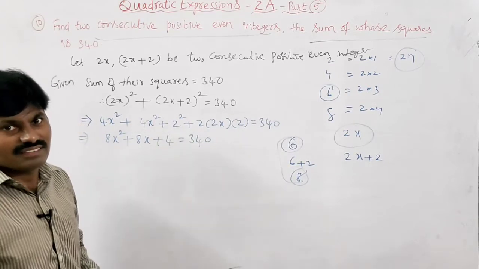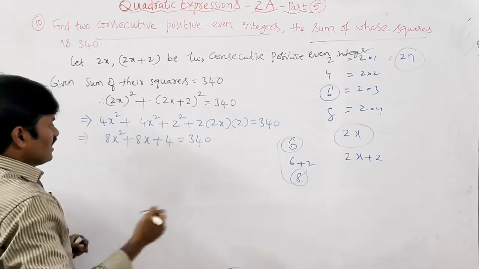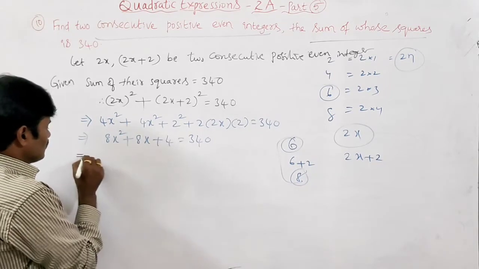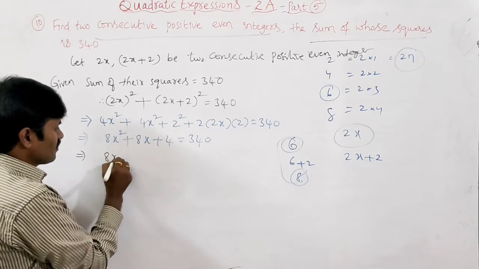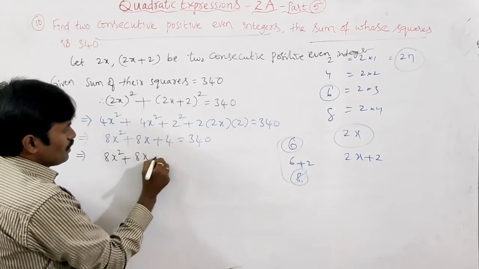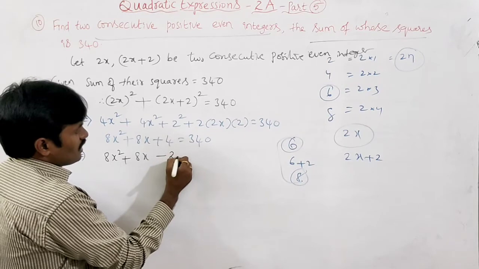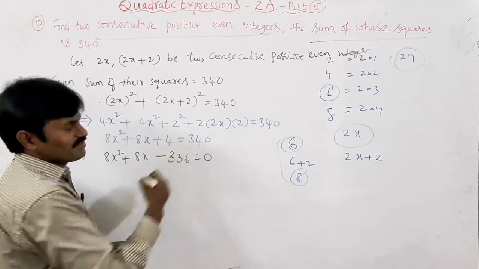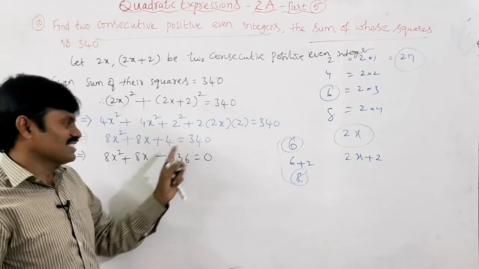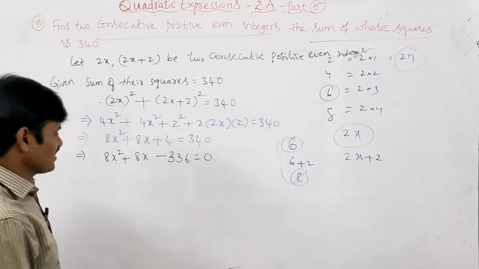Now send the constant term to the right-hand side: 8x square plus 8x plus 4 minus 340 gives us minus 336 is equal to 0.